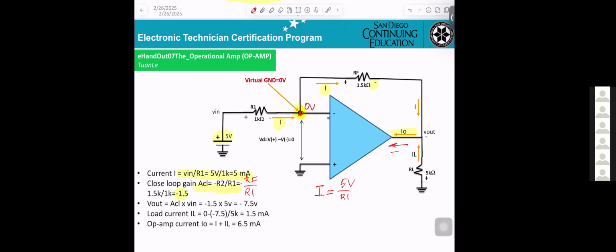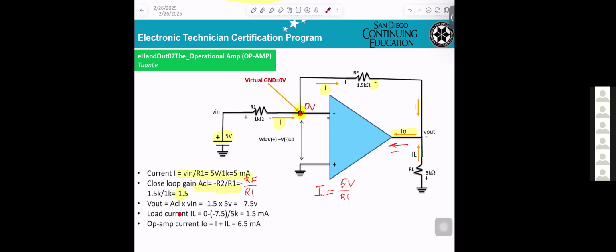So that will be 1.5K divided by 1K, minus 1.5. And now if you want to calculate the V out, it equals the gain times V in. That's what you get, minus 7.5.